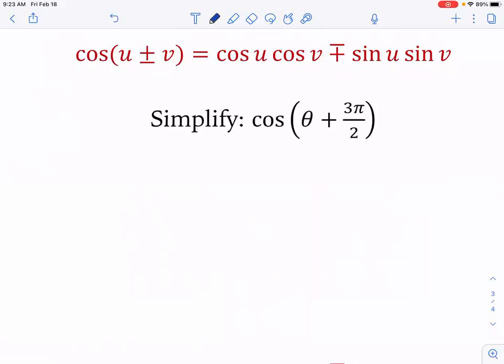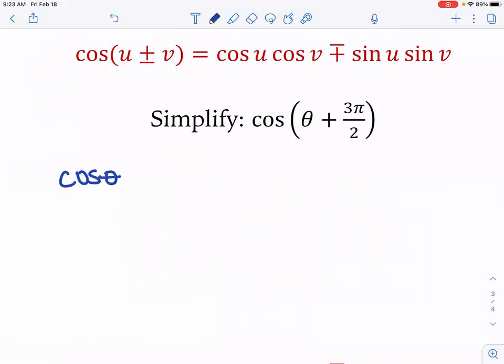Okay. Do you notice how we have addition inside of our cosine? Okay. That means we can apply our sum formula. That's why it's called sum and difference formulas. There's a sum or difference in between. Okay. So we can apply this formula.